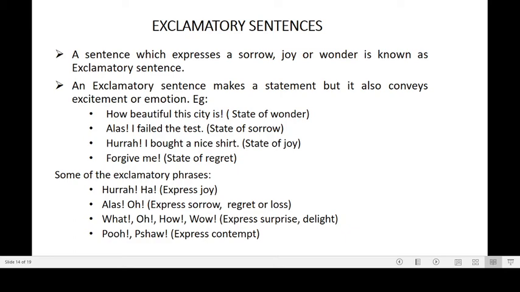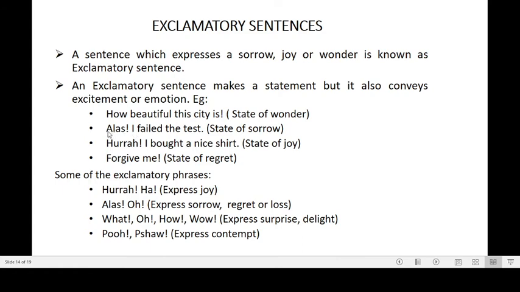An exclamatory sentence makes a statement, but it also conveys excitement or emotions. So here you should see how beautiful this city is. It is expressing a state of wonder. And another thing you should remember, exclamatory sentences will have an exclamation mark with them.